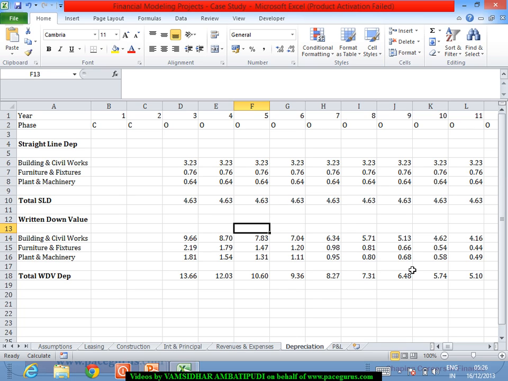So from the total value of the project, take out the total value that has been depreciated till date, and only on the balance that is remaining you can compute the insurance cost for each of the years, based on that particular logic.